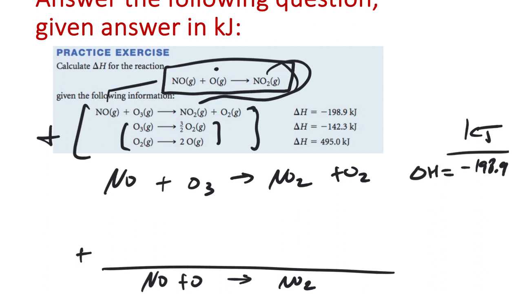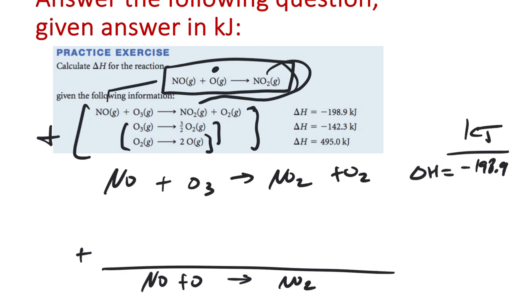Now only one of the reactions has an O, and that's the third reaction. So why don't I use that reaction next?